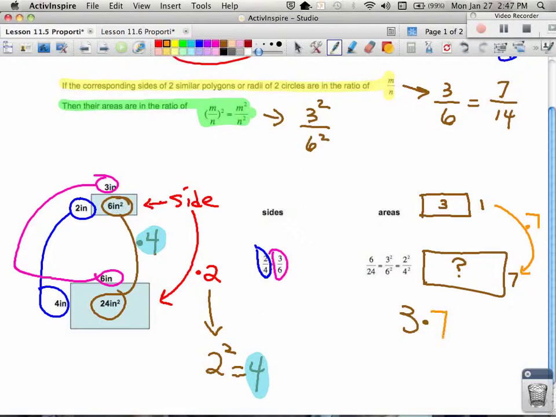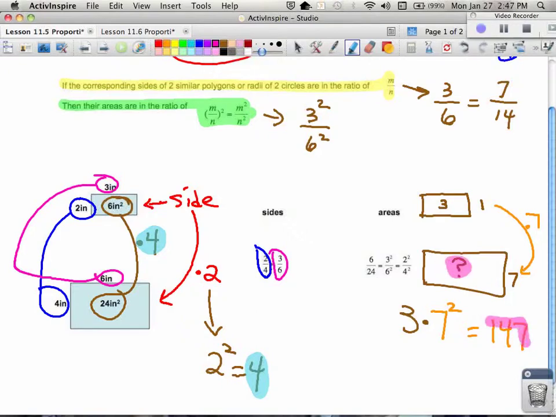I multiply it by 7 squared, because I'm dealing with area in square units. So the ratios would be in squares of each other, not just in the numbers themselves. So 7 squared is 49, and 49 times 3 is 147.